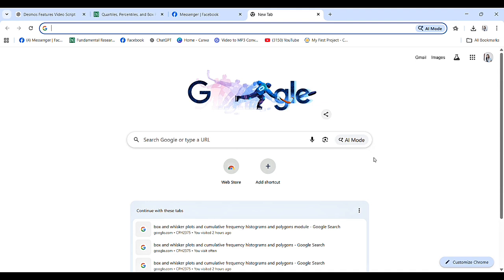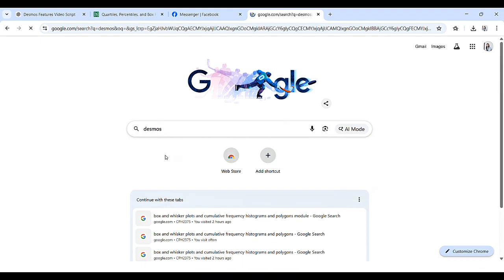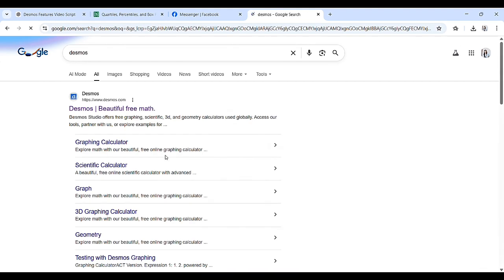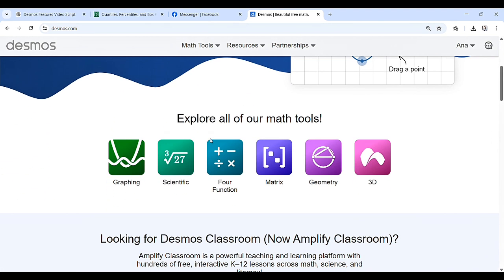To access Desmos, just go to your web browser and search for Desmos. Then you will see this one. Click it and this will appear.